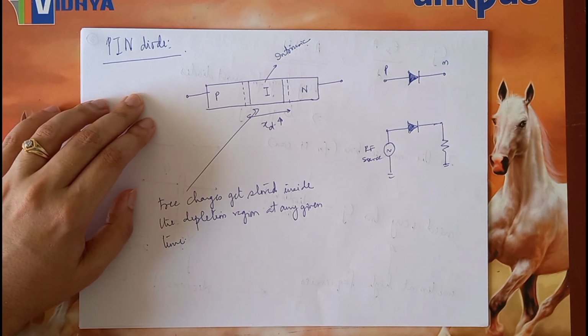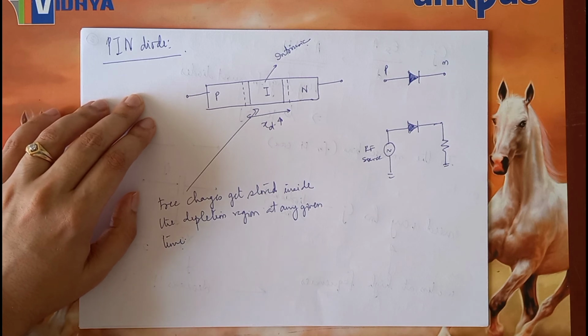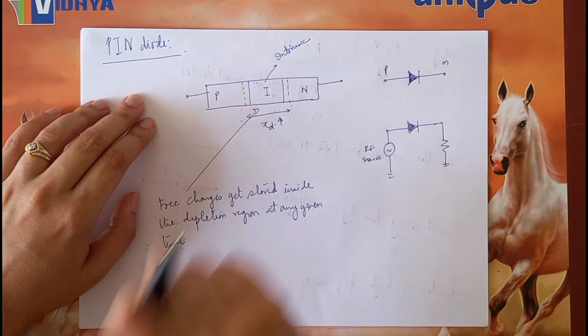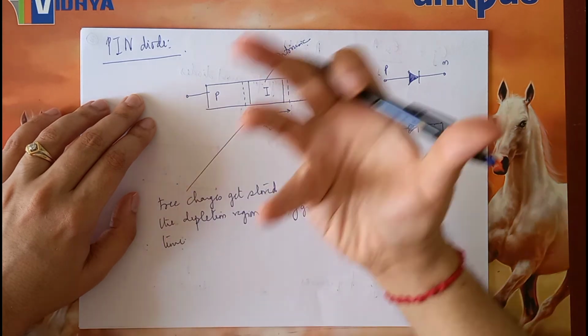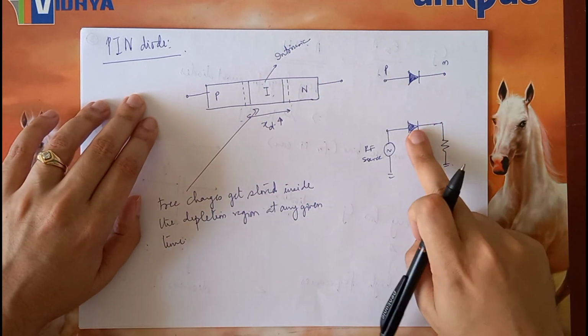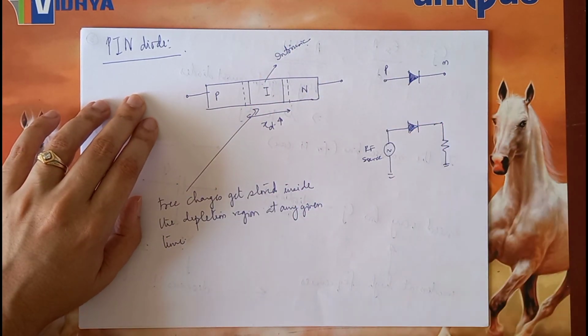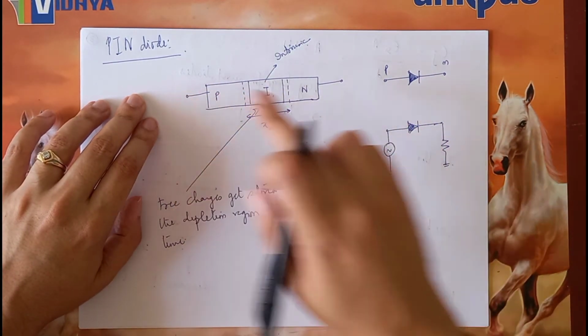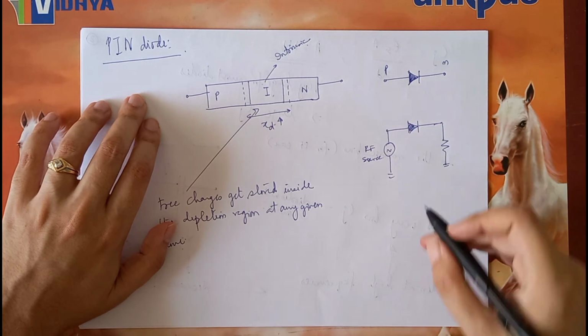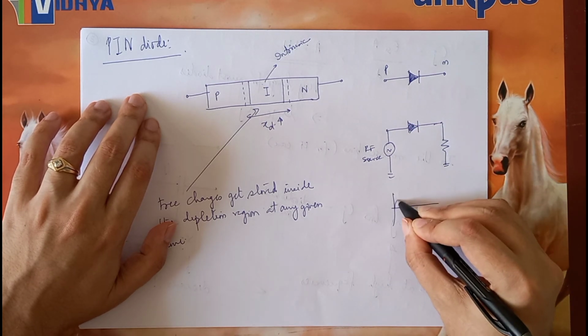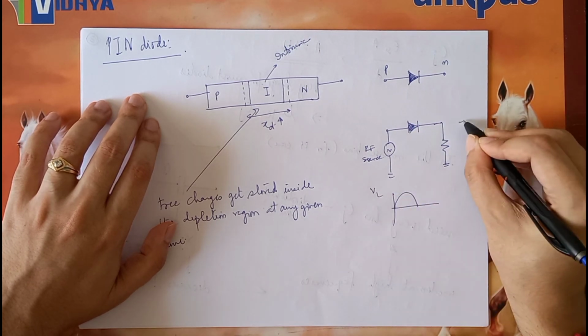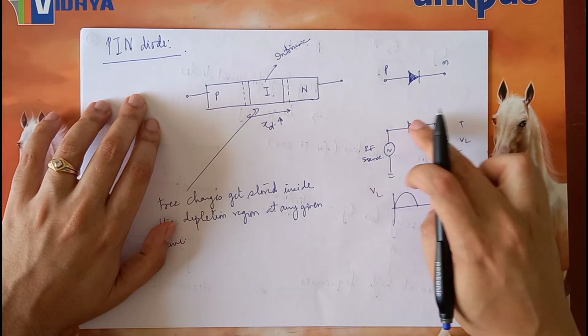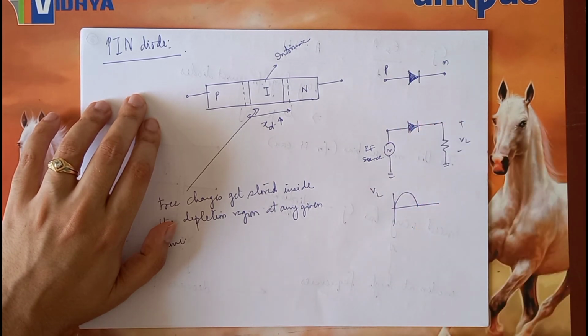So what effectively happens is that because of the stored charge in the depletion region, the larger depletion region, the diode takes time to turn off. So suddenly if I change the forward bias into the reverse bias, in the on condition, the diode will conduct, definitely.